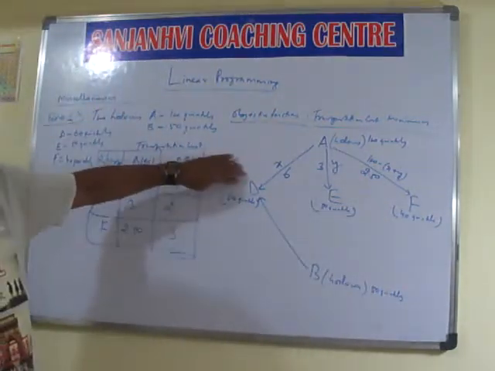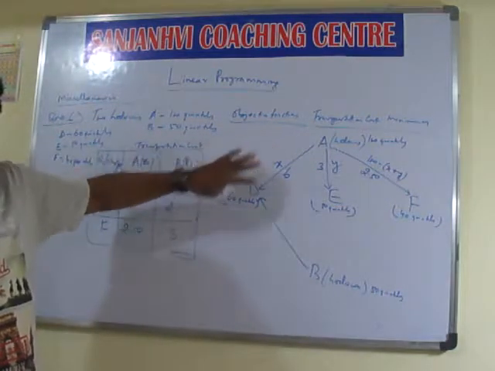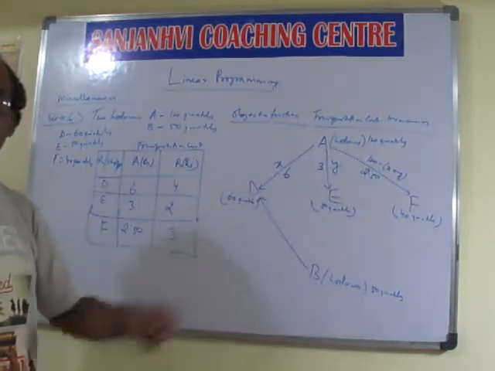D has already received X quintals from A. It means 60 minus X only B will be supplying to it.